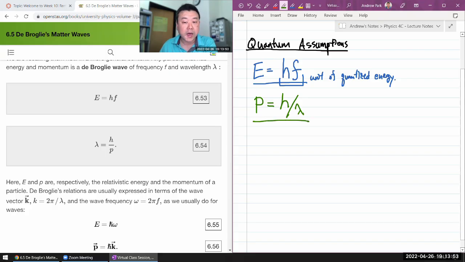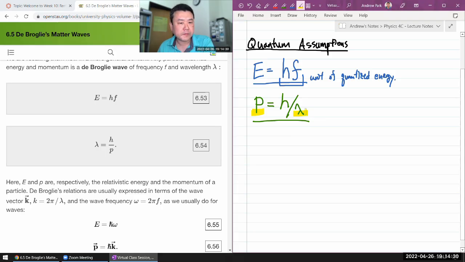This is a natural consequence of what Einstein assumed about the photon, and the surprising thing is that it turns out to hold for everything. Your textbook talks about wave-particle duality, and this expression relates what we typically associate with a particle property, momentum, with a wave property, wavelength.